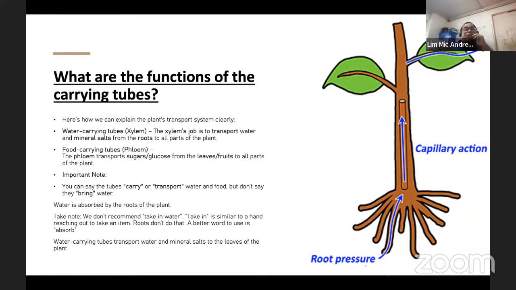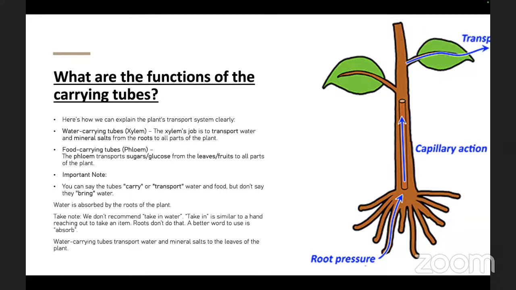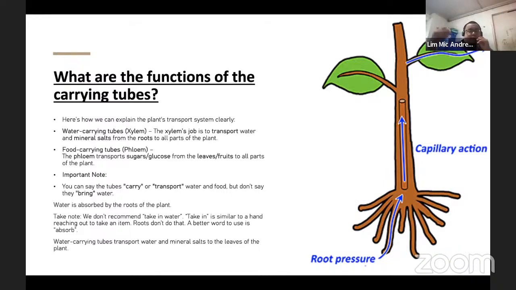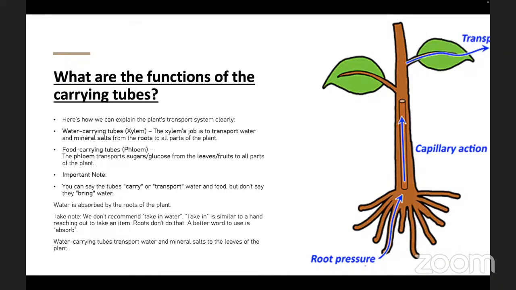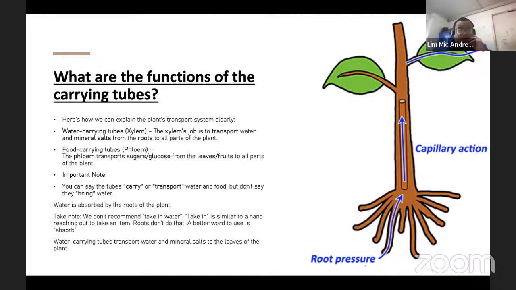In science, we don't talk about English. You can be weak in grammar, you can be weak in vocabulary, but as long as the keyword is there in your answer, you will get it correct. In this case, to explain the function of the water carrying tube, we have to write the keyword xylem.